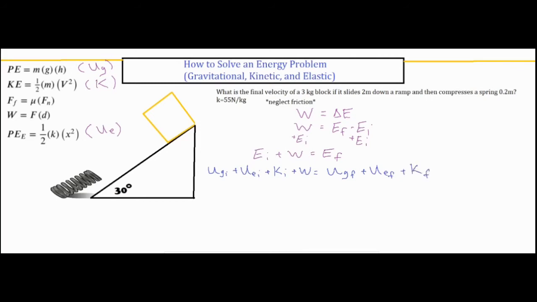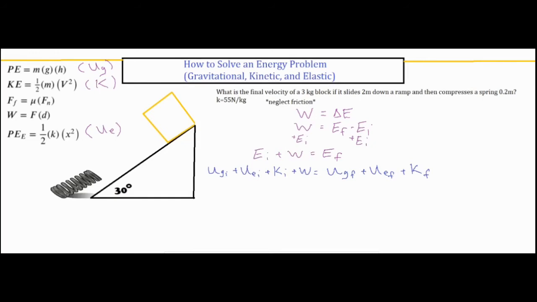All right, now I've taken the EI, the initial energy, and I just expanded out to the initial gravitational potential energy, initial elastic potential energy, initial kinetic energy, and then so on. Same thing for all the final energies.